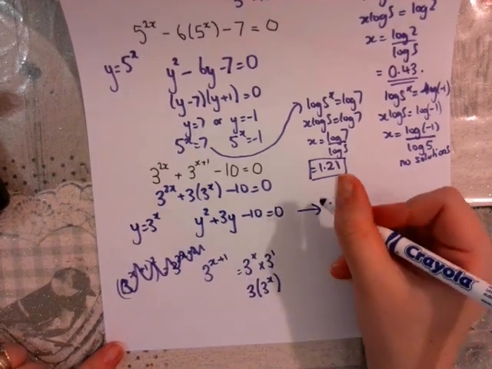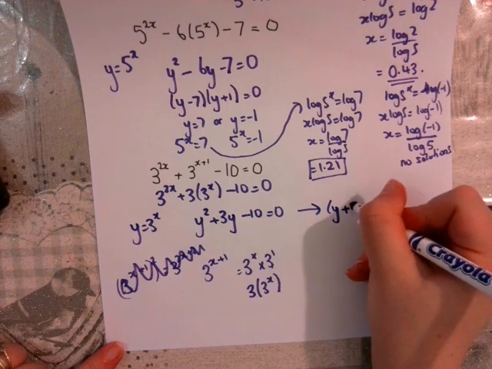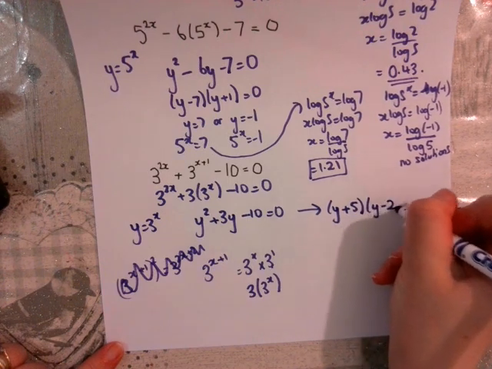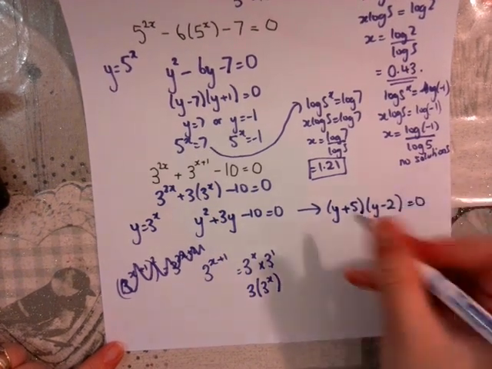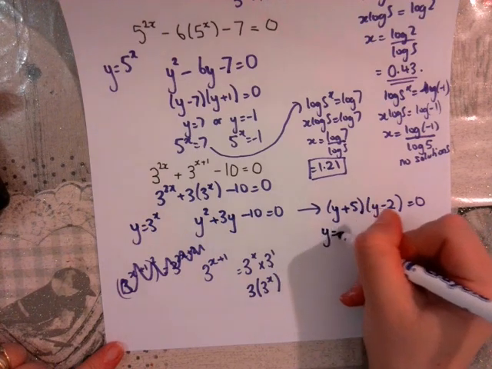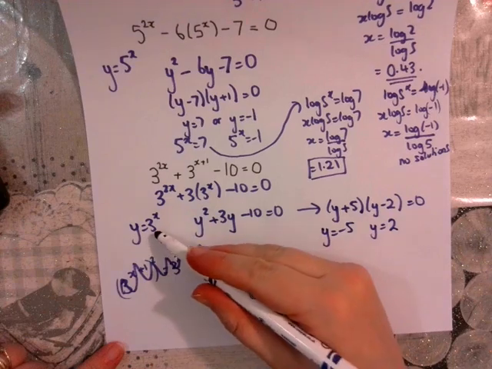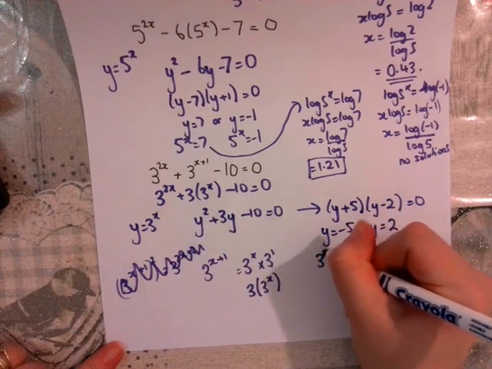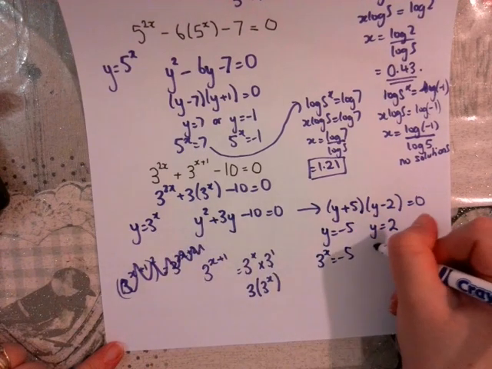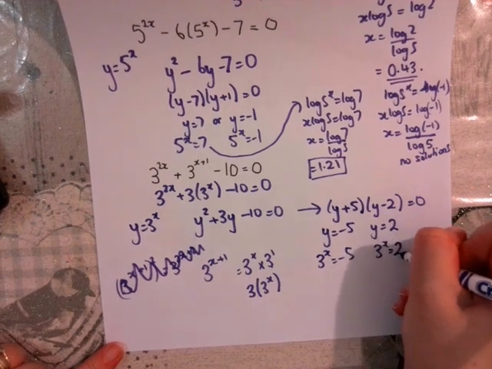So that's going to factorise to y plus 5, y minus 2. So my two values of y are minus 5 and 2. So again, if I now replace that with 3 to the power of x, 3 to the power of x equals 2.